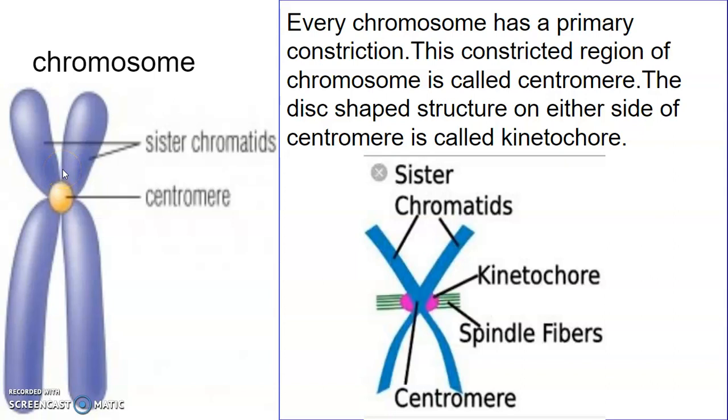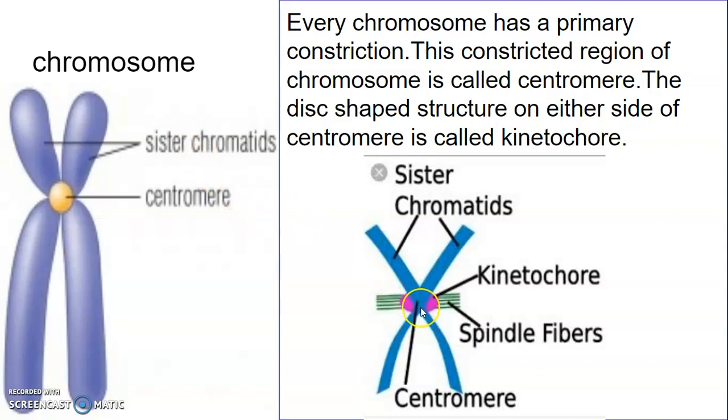These two chromatids are held together by means of the centromere. The two chromatids of the same chromosome are called sister chromatids.